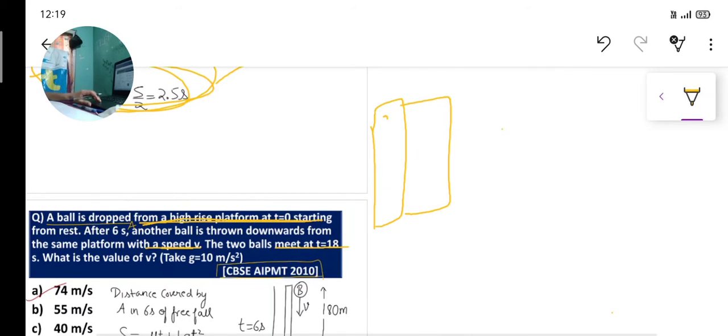Now for the relative velocity of the two balls, we have to find the relative velocity of b with respect to a. Ball a is moving downward. The relative velocity is the velocity of b minus the velocity of a, and we have to find the velocity after 6 seconds of free fall.